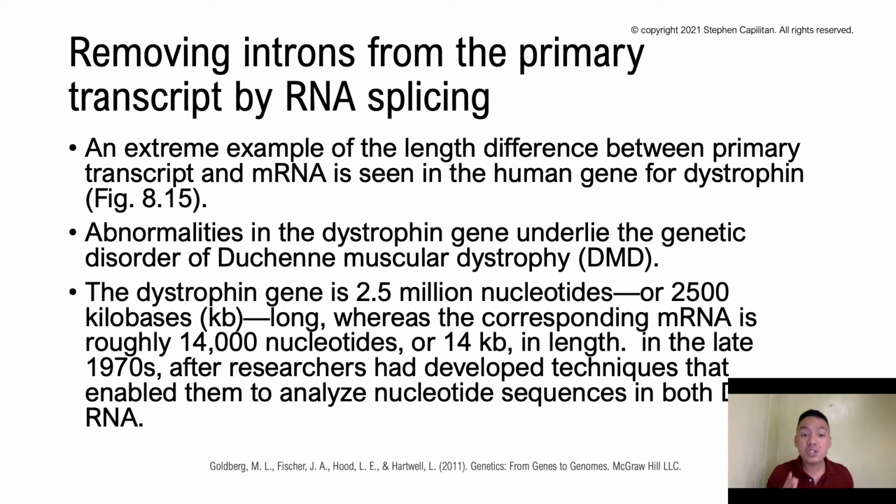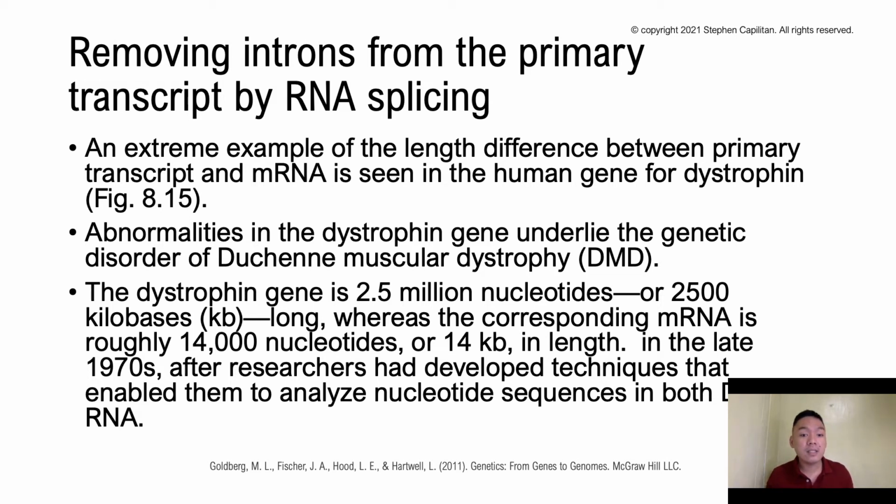The dystrophin gene, for your information, is 2.5 million nucleotides, or 2,500 kilobases long, whereas the corresponding mRNA is roughly 14,000 nucleotides, or 14 kilobases in length.